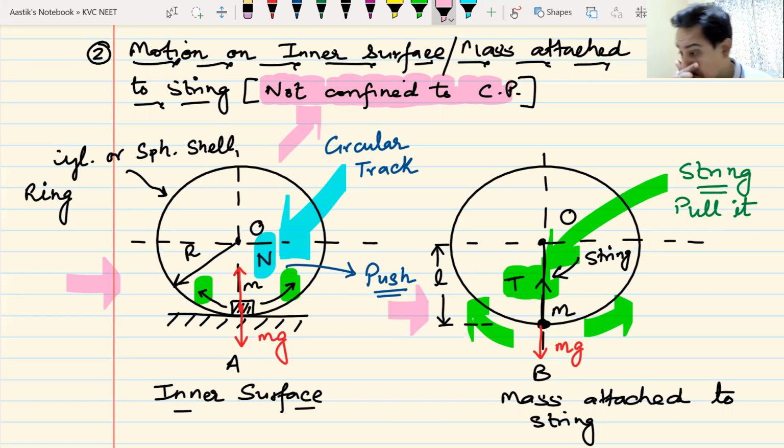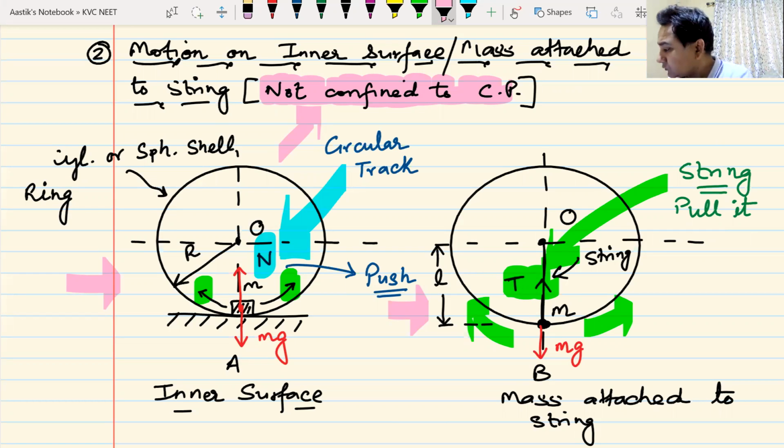And this motion is not confined to a circular path. So we'll write some important notes and you will have to remember these points, and I'll try to summarize everything in those points.